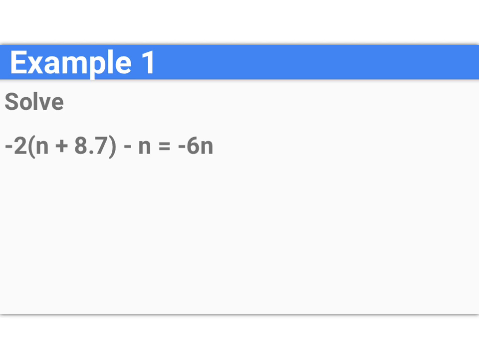On the previous slide, we got rid of the n by adding n to both sides, and we have -2 times n plus 8.7 equals -5n. And now what I would do is I would divide both sides by -2.